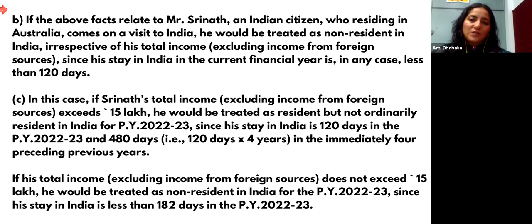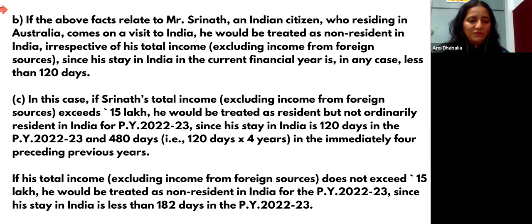But as per the rules of the additional conditions for determining ROR or RNOR, such an Indian citizen or a PIO whose income is more than 15 lakhs and who has stayed between 120 to 182 days will automatically become a RNOR. So that's why in point number C, Srinath becomes a RNOR.